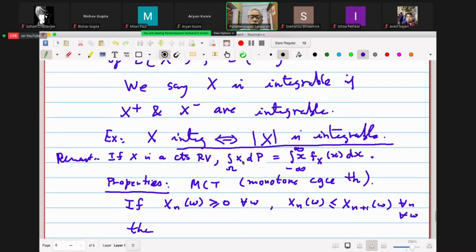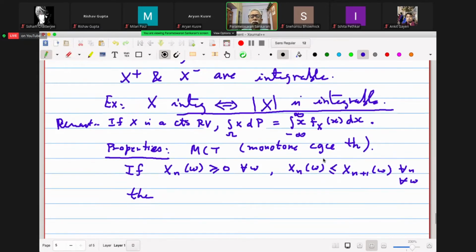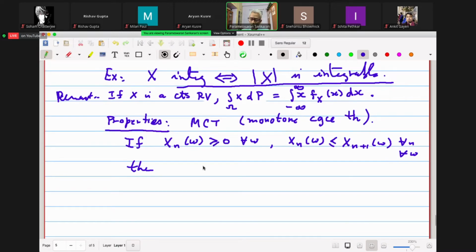So when both sides make sense, this is valid precisely if either one of the two sides is finite. Then the assertion is that the other side is also finite and it exists, and these two values are equal. So it's a long sentence. I have just rolled it into a very cryptic statement. Yeah. So there is no substitution for reading the textbook. They write a voluminous thing, and then it's impossible to have an entire discussion and write it up in a lecture like this. Okay, let us start with this one.